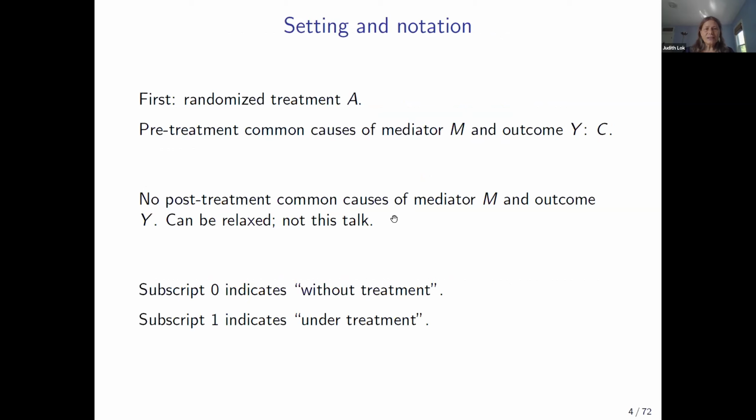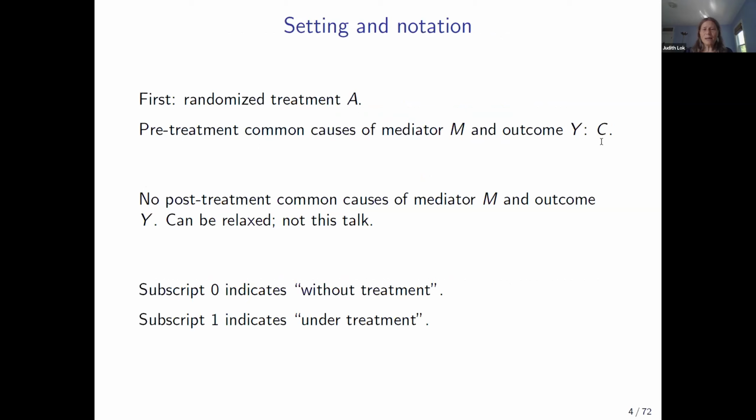I will start with setting a notation, and I will focus for now on randomized treatment A. This can be relaxed. We will call the pre-treatment common causes of the mediator M and the outcome Y, we will call them C, in line with most of the causal inference literature on mediation analysis.